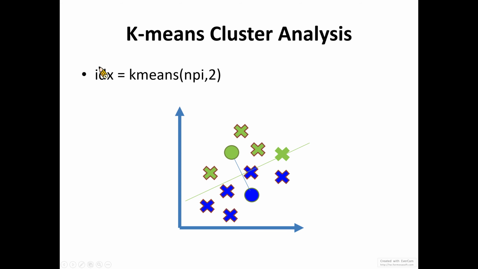The output is the index of the result for the observations. For example, if you have 30 rows, it will return the cluster result, 1 or 2, for each row.